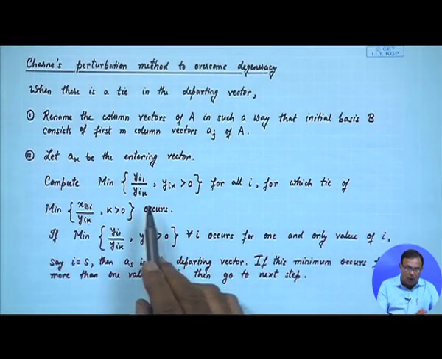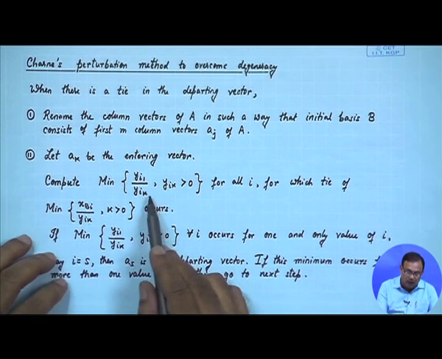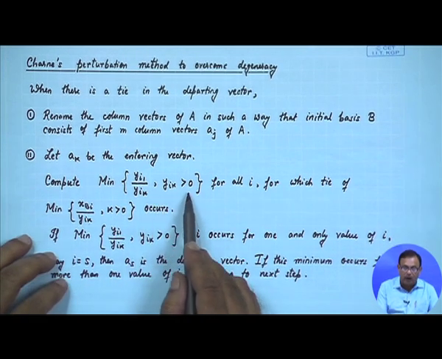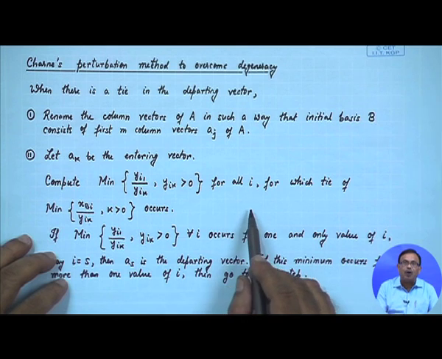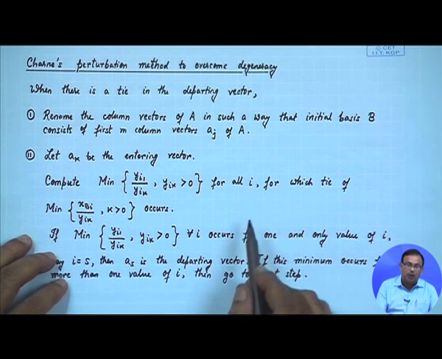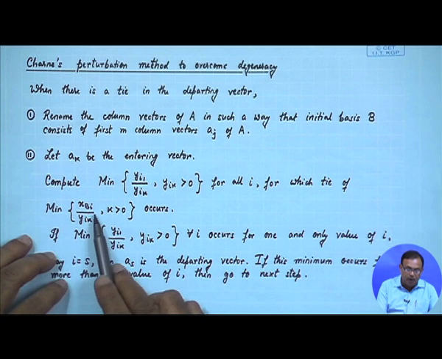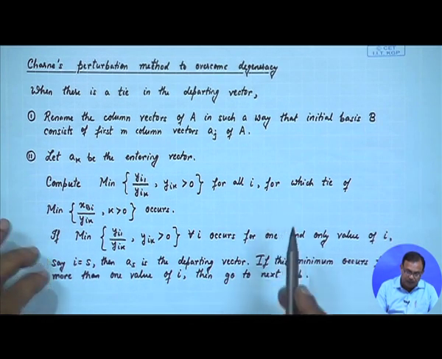So now you compute minimum of yi1 by yik, where yik greater than 0, for all i for which your tie occurred, that is minimum of xbi by yik, k greater than 0 occurred.